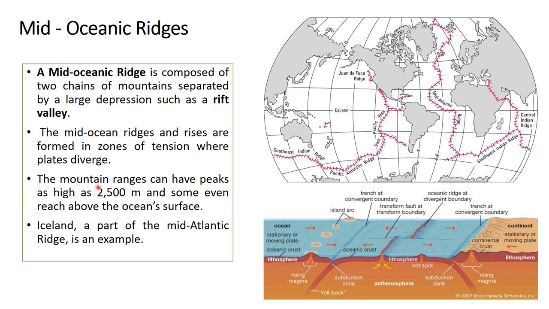The mountain ranges can have peaks as high as 2,500 meters, and some even reach above the ocean surface. As the magma upwells and the lava builds up, these mountain ranges can come to the surface of the water, or they can appear above the sea level in the form of islands, such as the case in Iceland, which is present over here.